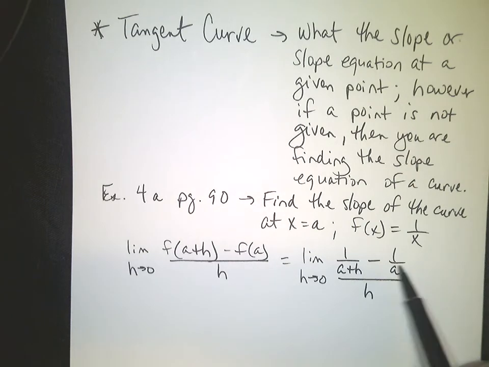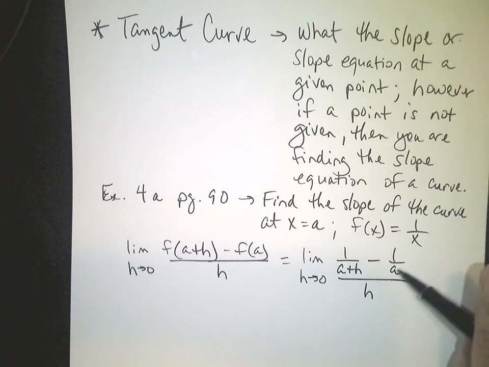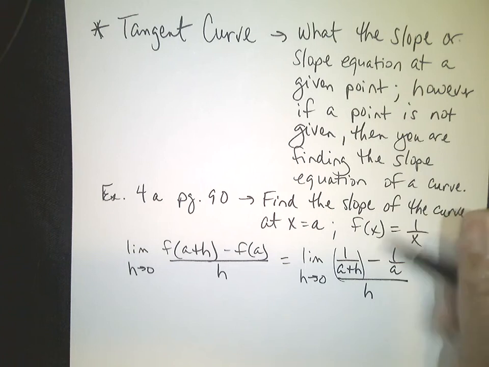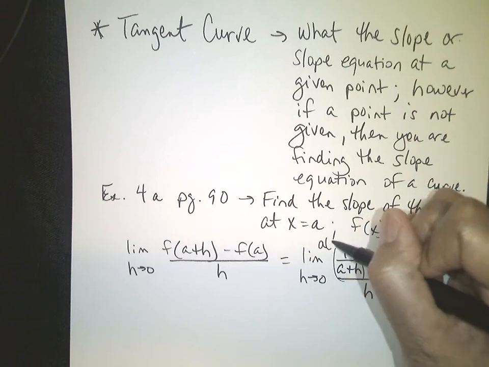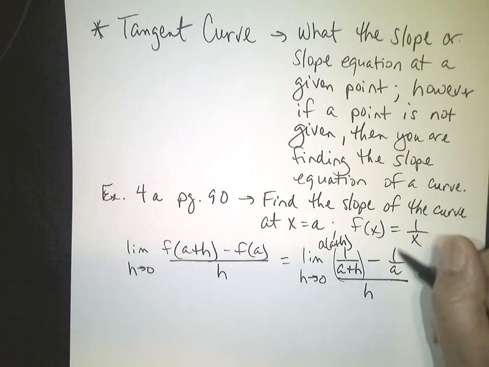You want each of your denominators to be your common denominator. So our common denominator would have to be a times a plus h, and h. So everything would get a times a plus h.